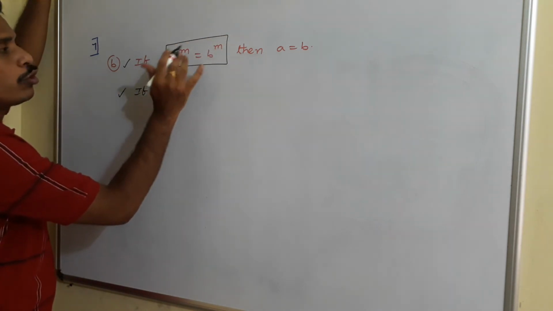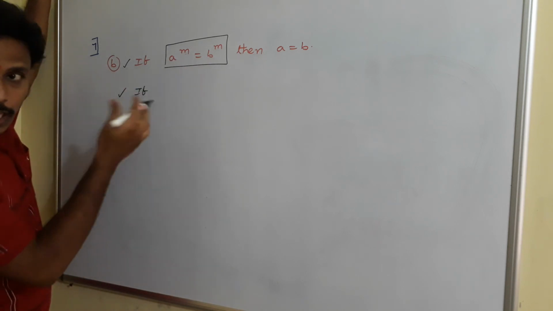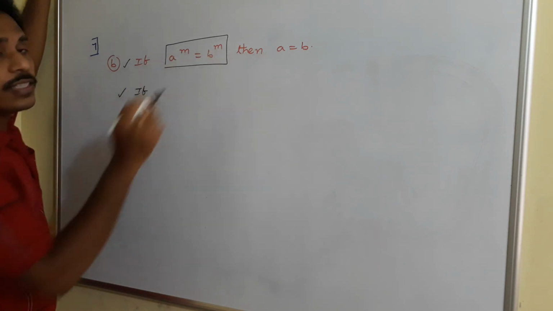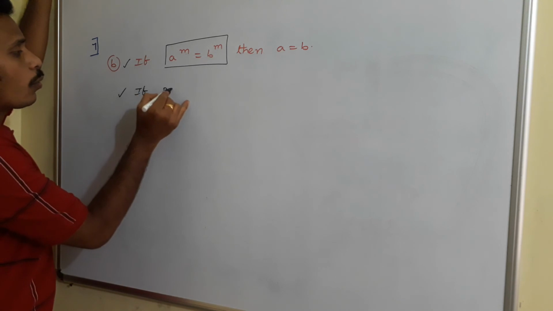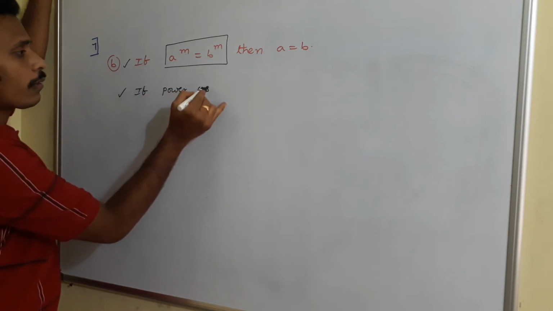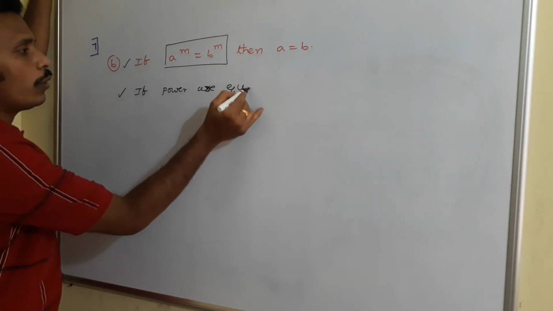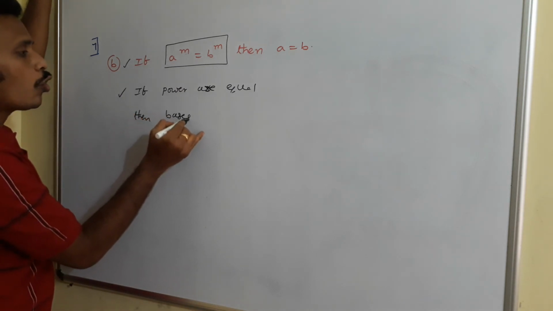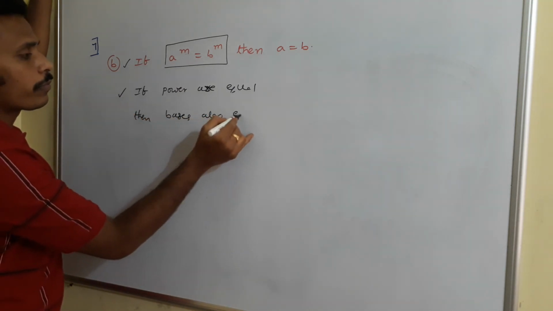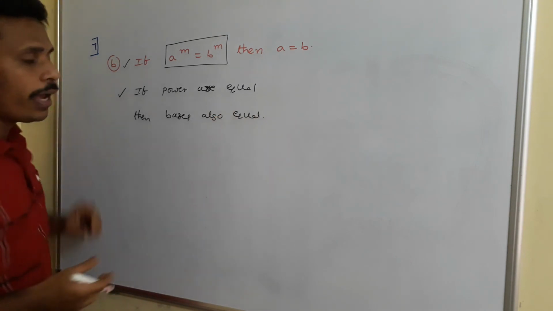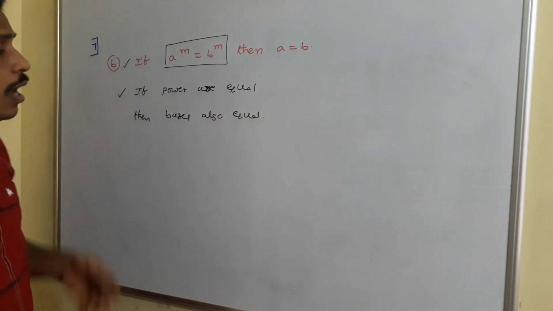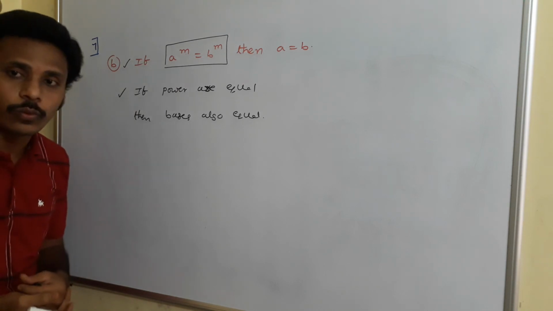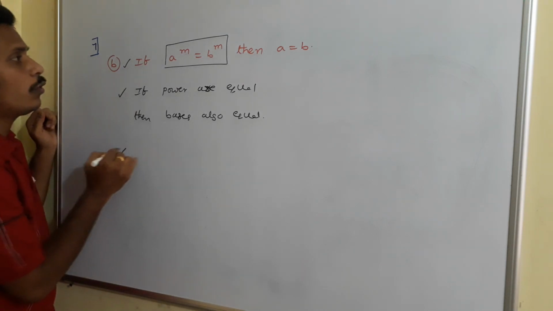Powers are the same on both sides of that equation, then we need to equalize the bases. If powers are equal, then bases are also equal. In 7a I mentioned if bases are equal, then powers are also equal, whereas for this, if powers are equal, then bases are also equal.